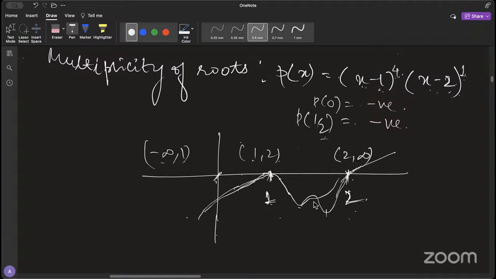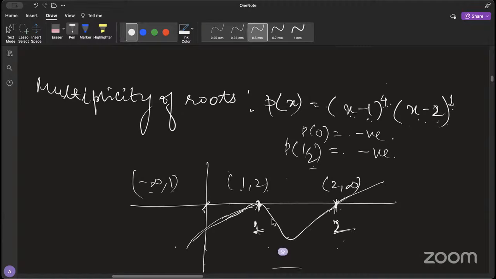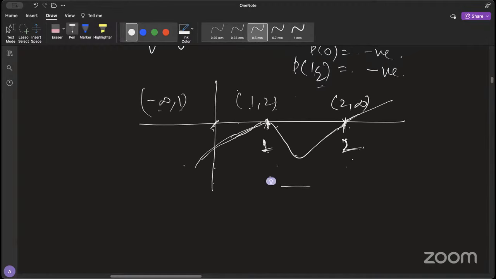Now this would mean that you have 3 turning points between 1 and 2. This is also possible. This is also possible. We'll have to check this thing. This is how you sketch the graph of polynomials. Is this fine? Shall we do one more example?